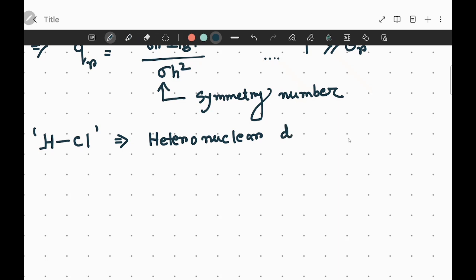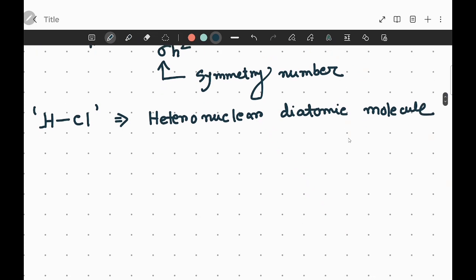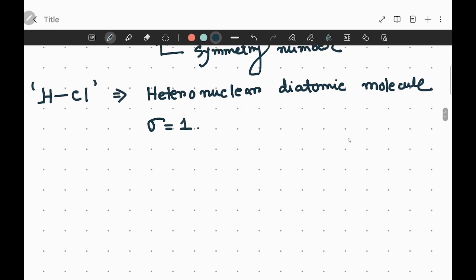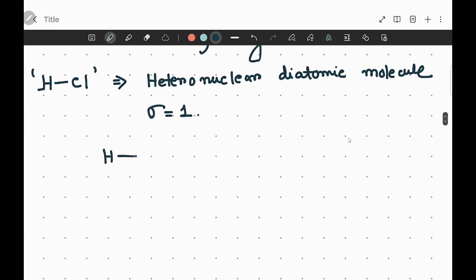In case of HCl, the sigma will be what? 1. So why is this? Let us consider this HCl.